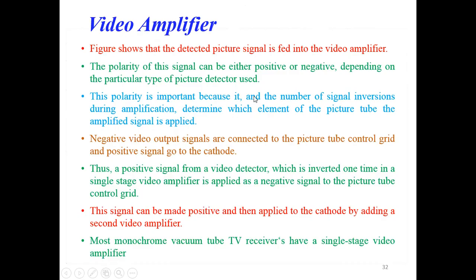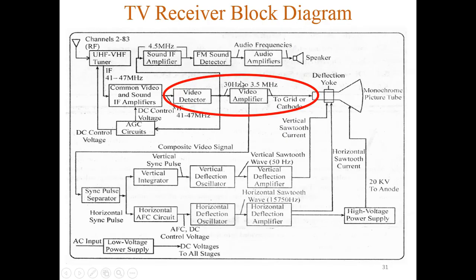The polarity of the signal can be positive or negative depending on the particular type of picture detector used. This polarity is important because the number of signal inversions during amplification determines which element of the picture tube the signal is applied to. Negative video output signals are connected to the picture tube control grid and the positive signal to the cathode.